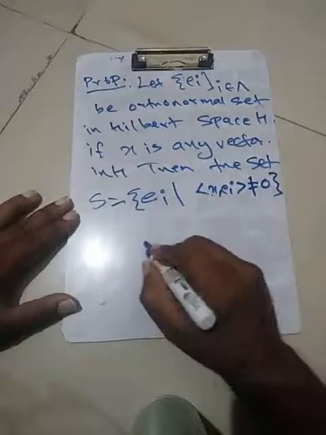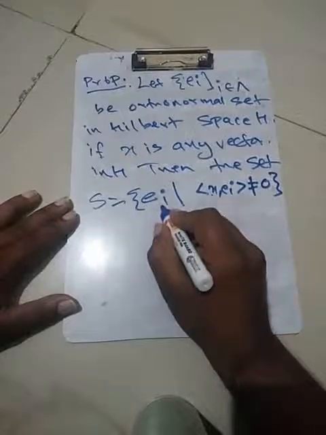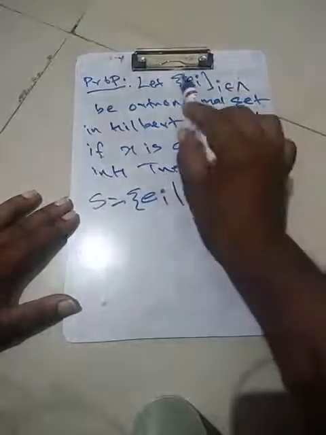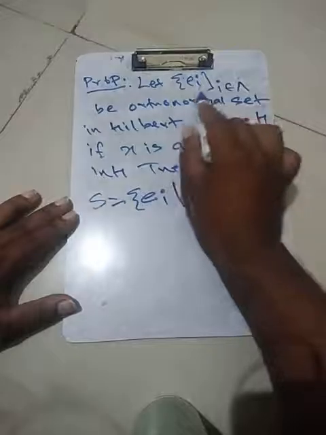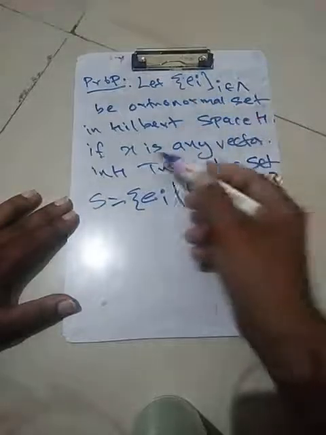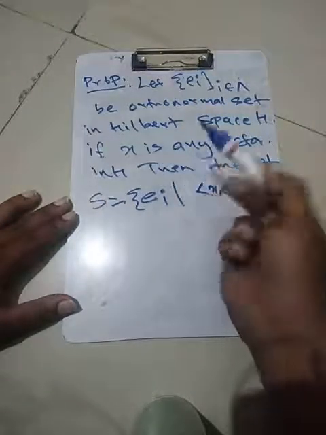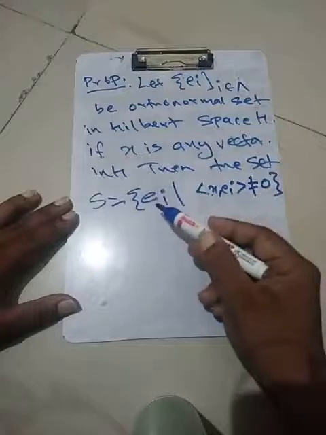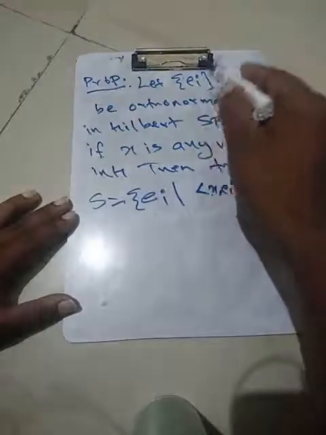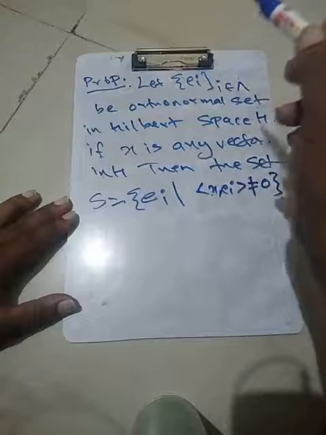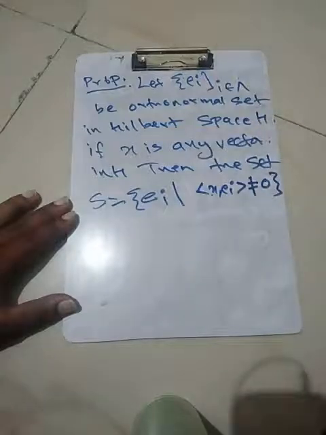So S is the collection of all those e_i from this orthonormal set whose inner product with this x is non-zero. If you fix any x and take the inner product with every vector of this set, and that is non-zero, then such an e_i would be contained in S.